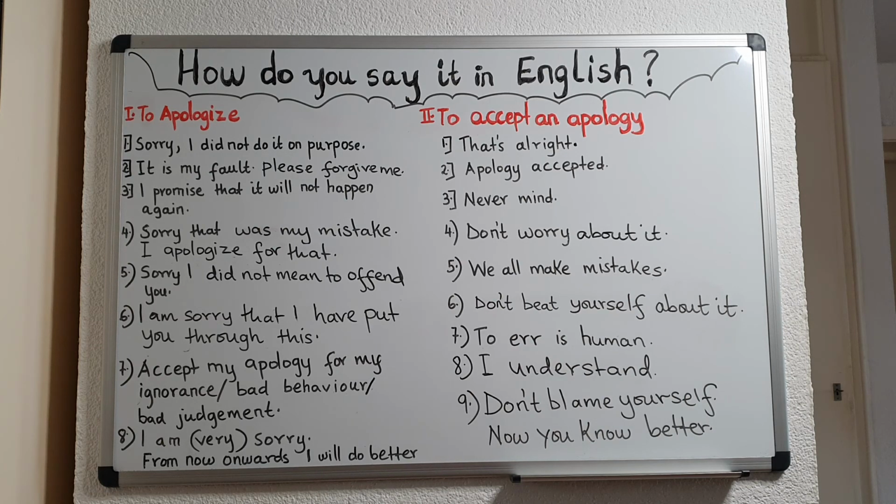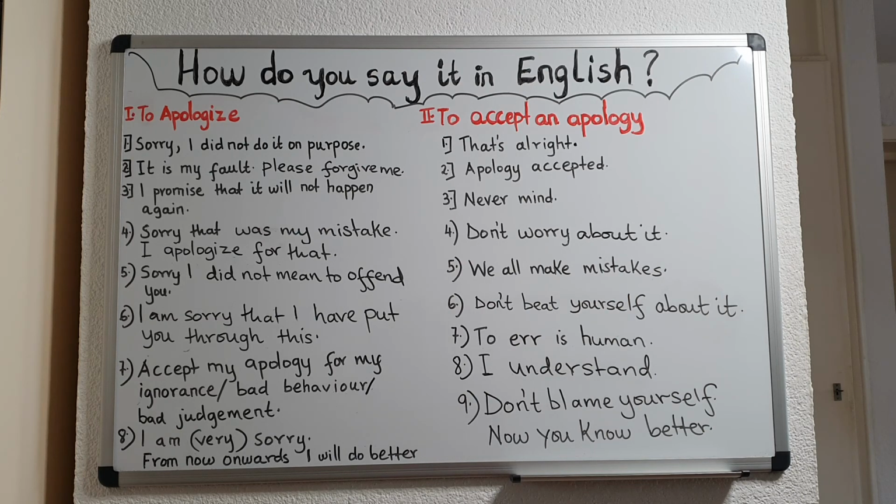Number 7, to err is human. What that means is, as human beings, we all make mistakes. Man is to err. As human beings, we are not perfect. We make mistakes all the time.